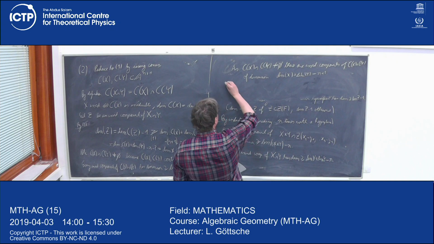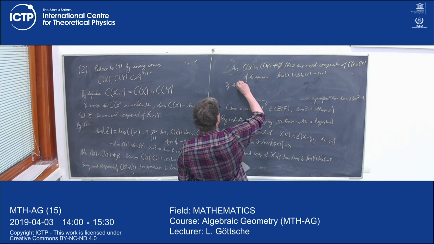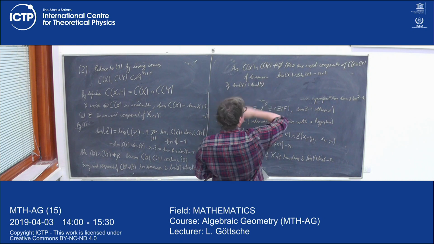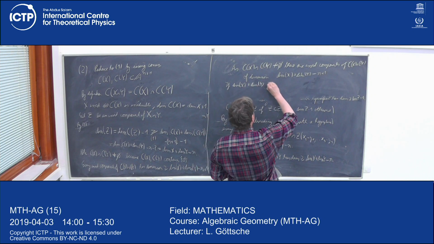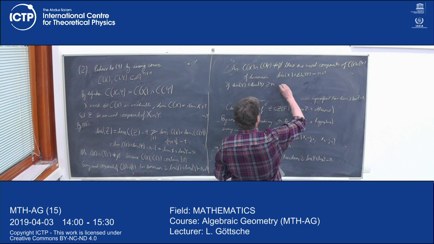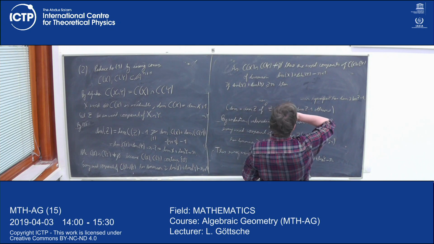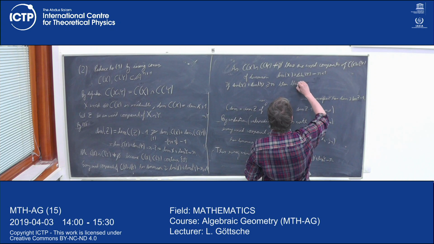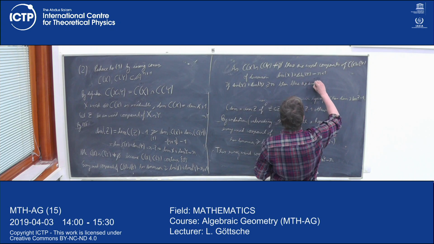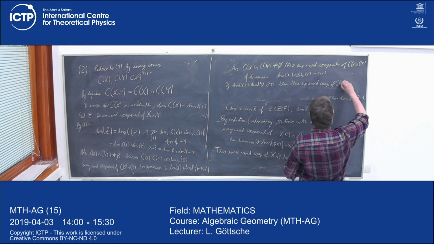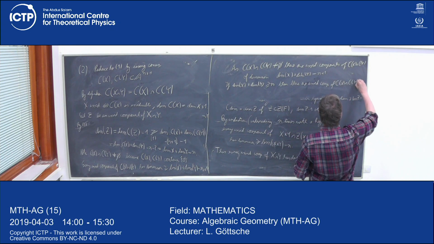So if dimension of x plus dimension of y is bigger or equal to n, then there are irreducible components of Cx intersected Cy.